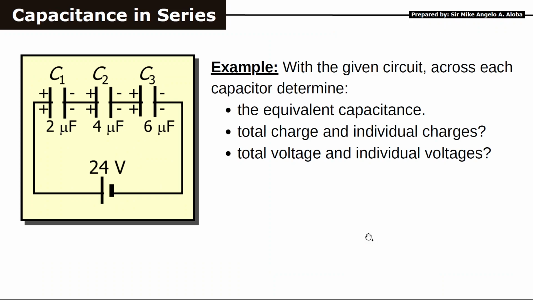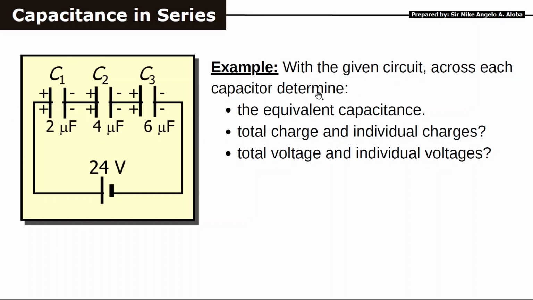let's have some examples. For example, with the given circuit, so here is your circuit. Across each capacitor, determine the equivalent capacitance, the total charge, and the individual charges, the total voltage, and the individual voltages across the capacitors. So let's proceed to the screen. But before that, take a look at this circuit.